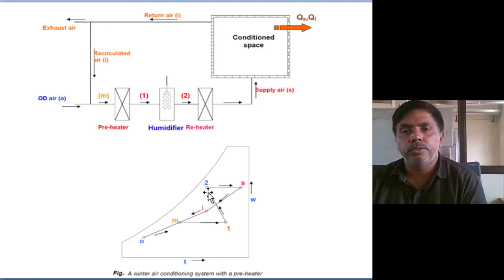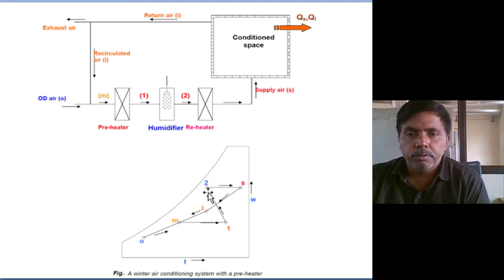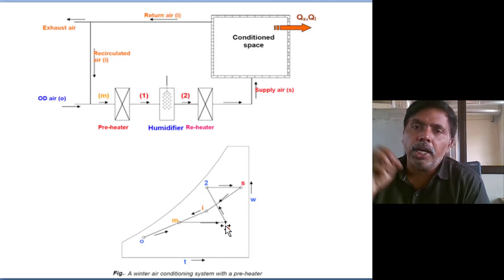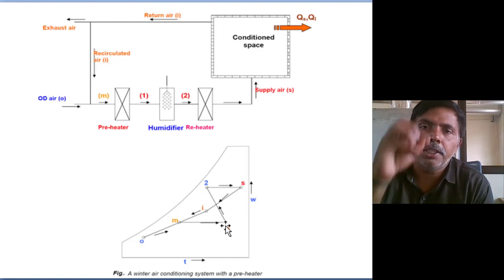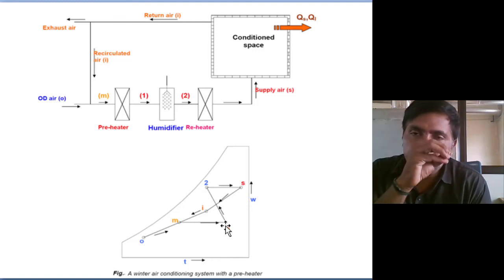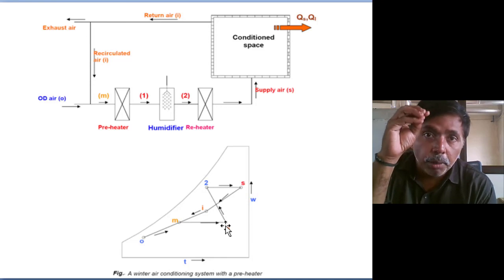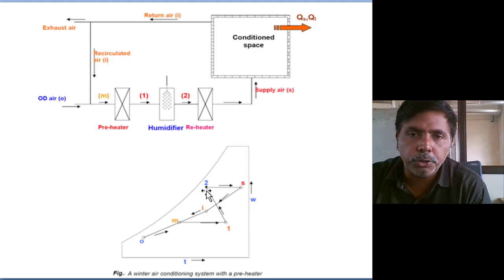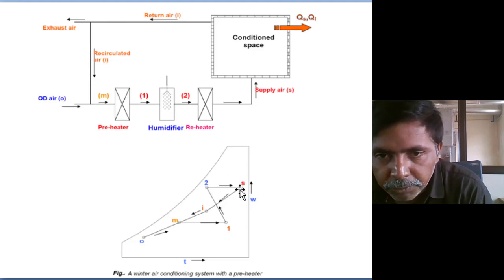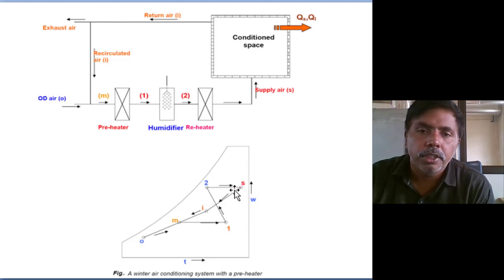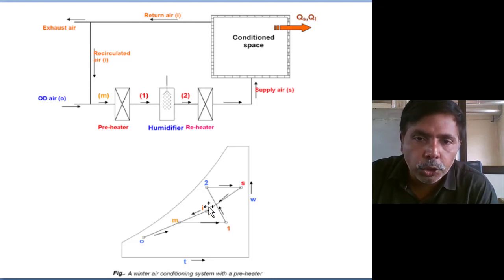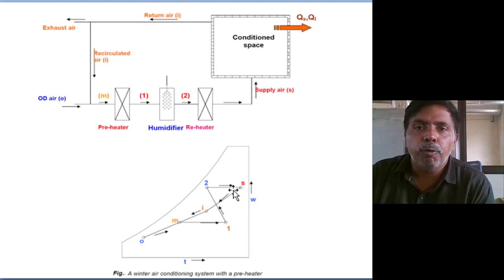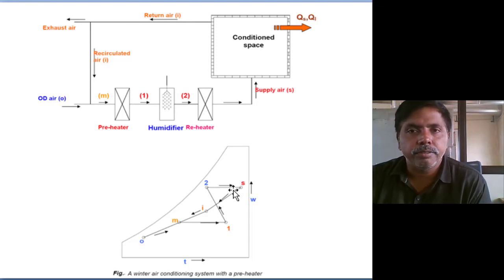That means sensible heating and humidification. By the humidification the temperature will reduce, because compared to the air the water temperature is low. Then further sensible reheating will take place for human comfort. So heating, humidification and reheating are required for the winter air conditioning system.